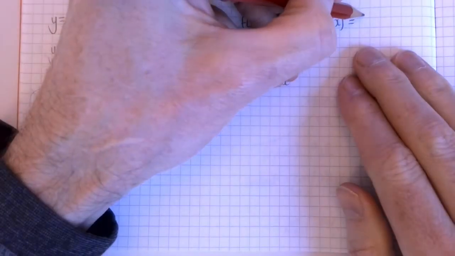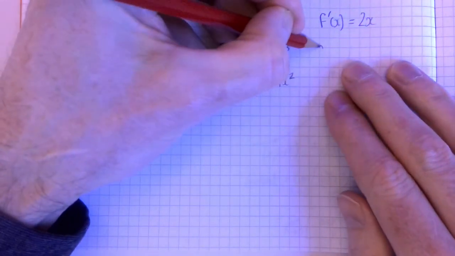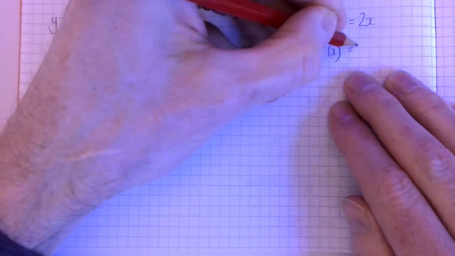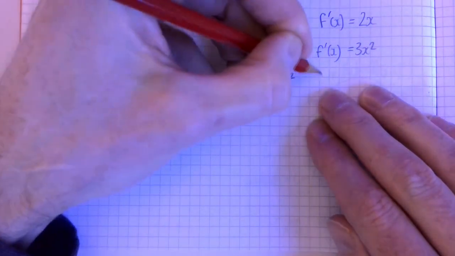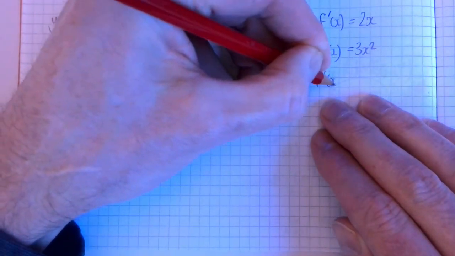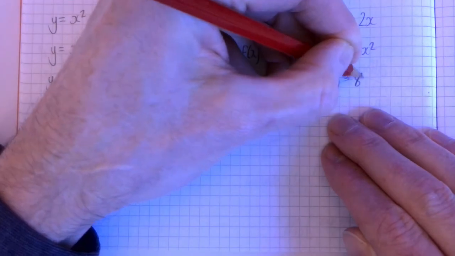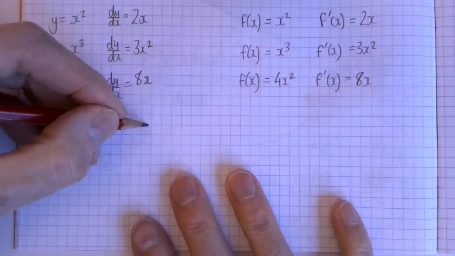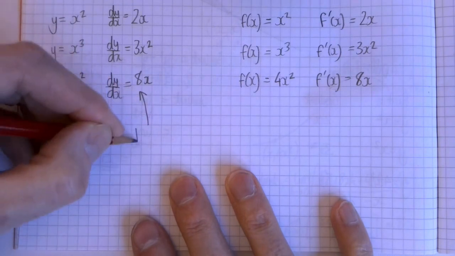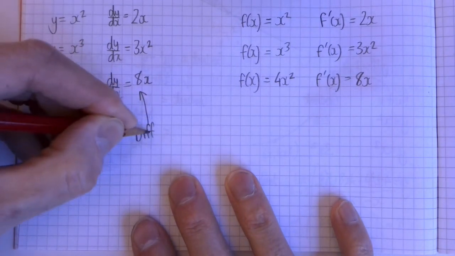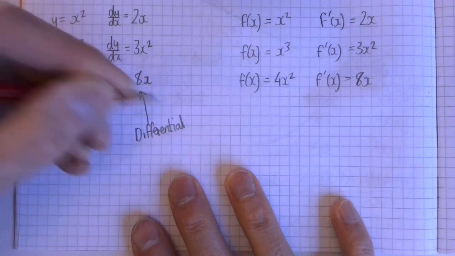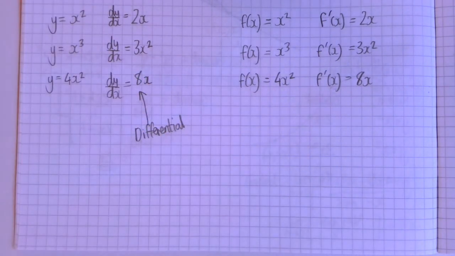So that's f dash of x is 2x, f dash of x is 3x squared, and 8x. This is just notation, just me writing out the 3 we'd already found out. I'm not telling you anything new here. These are sometimes referred to as the differentials, because they are the output of differentiating, the differential.